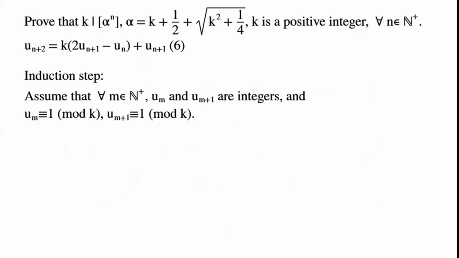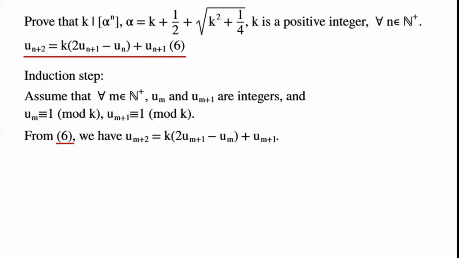Induction step. Assume that for all m in the set of positive integers, um and um plus 1 are integers, um is congruent to 1 mod k, and um plus 1 is congruent to 1 mod k.